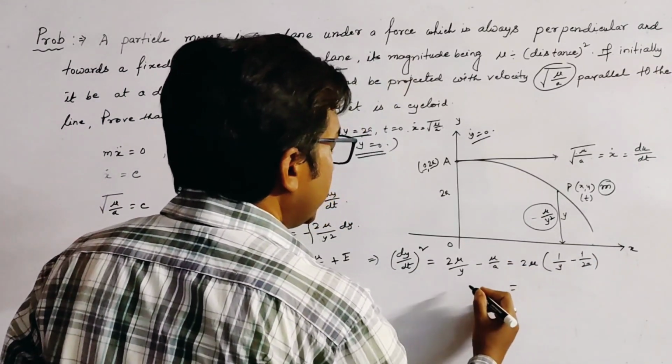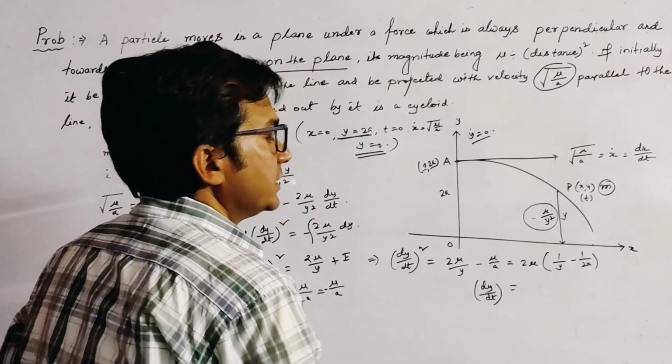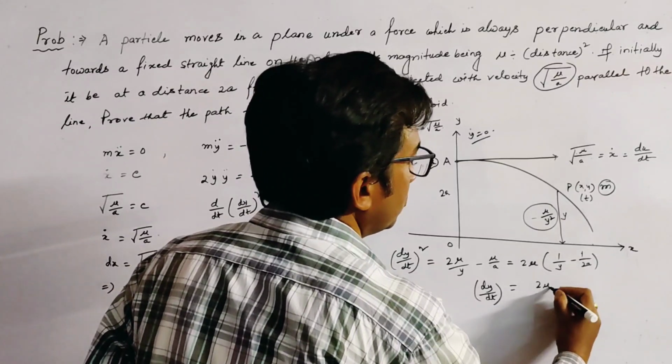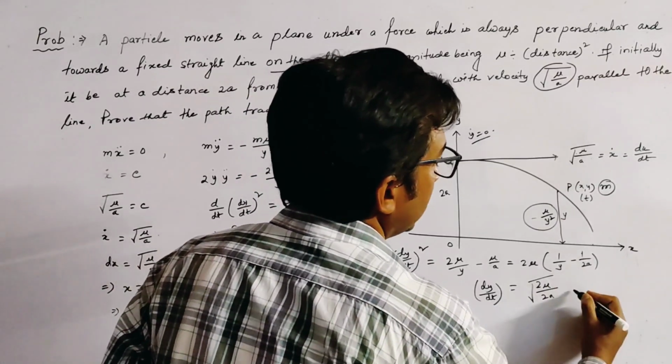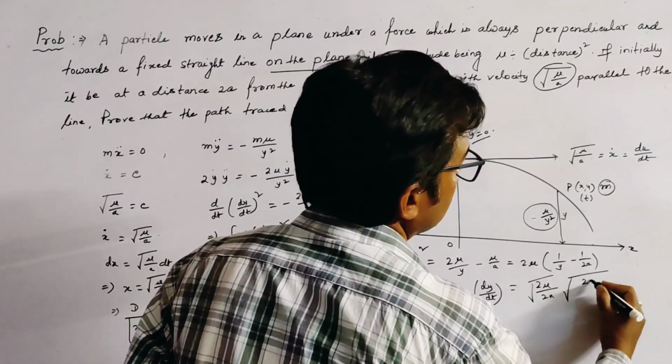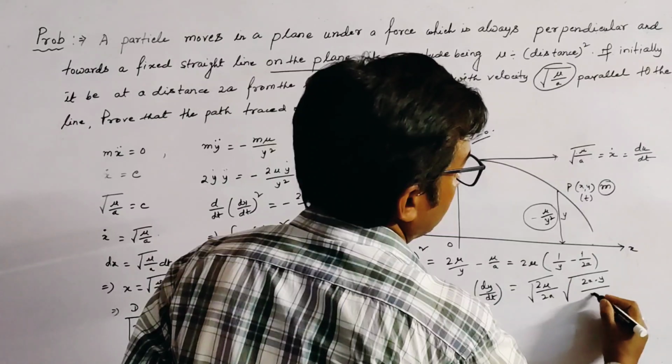Now we get dy/dt equal to root of 2 mu by 2a, and this is root of (2a minus y) by y.